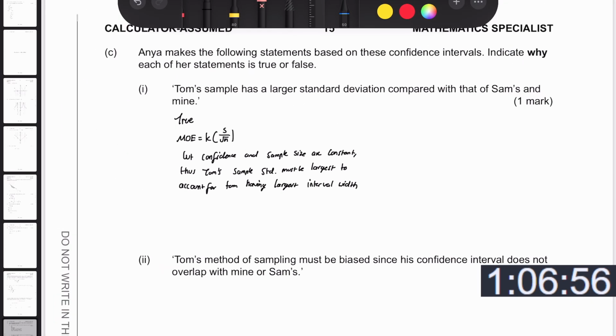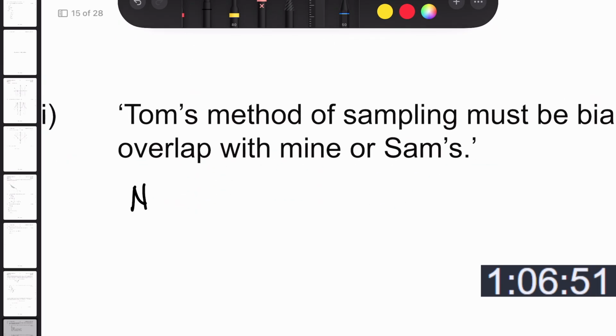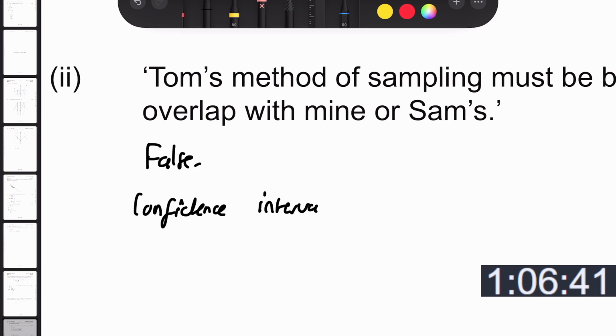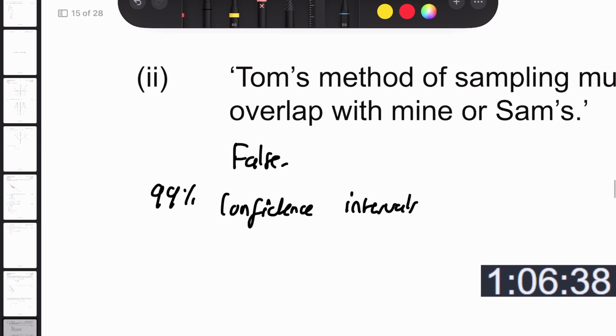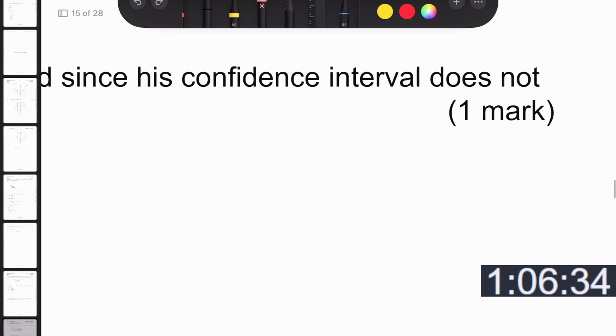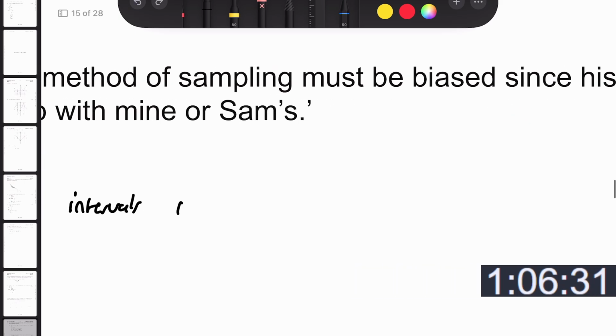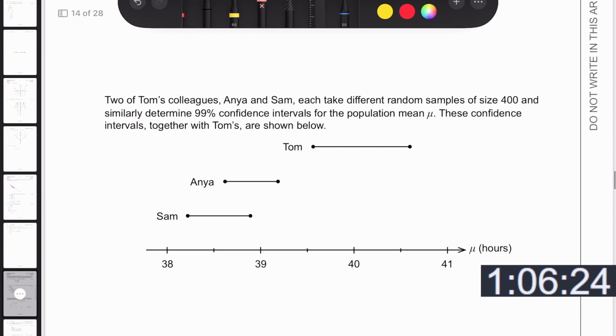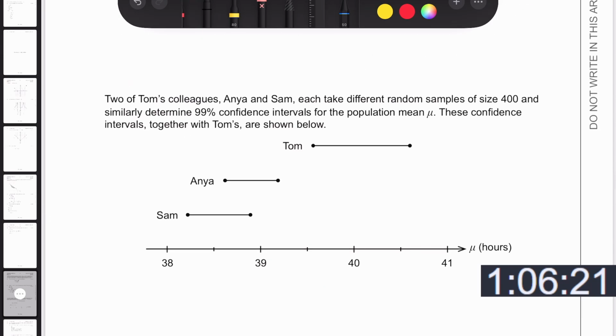Tom's method for sampling must be biased since his confidence interval does not overlap with mine or Sam's. No. So, false. Actually, it must be biased since his bounds are both above.